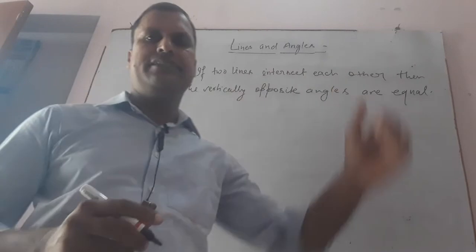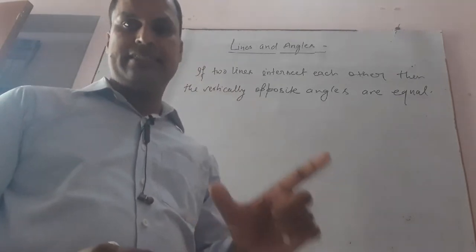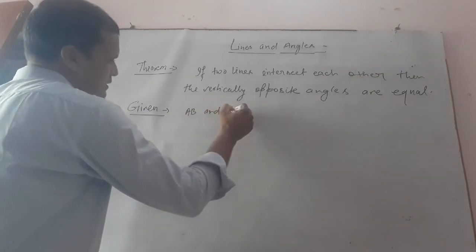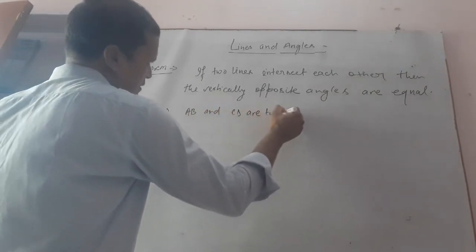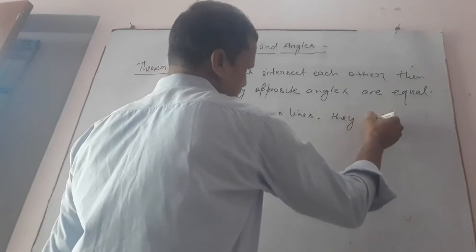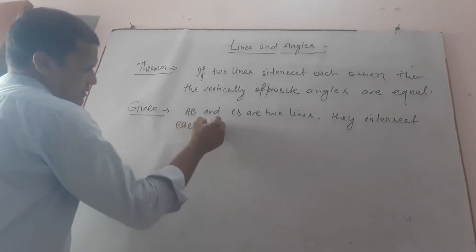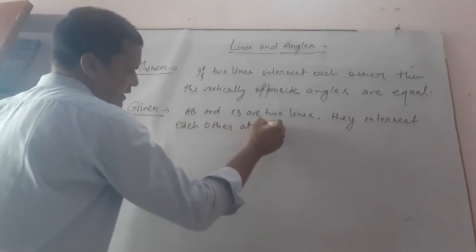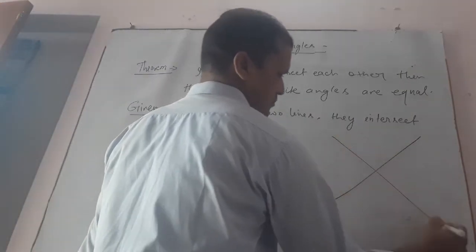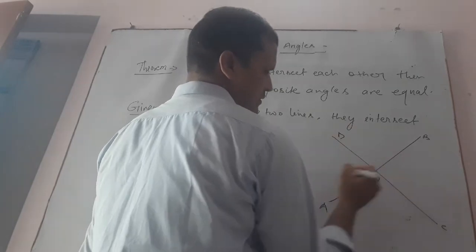If two lines intersect each other: AB and CD are the two lines, they intersect each other at point O. It is given. So, A, B, C, D, and this is the O.